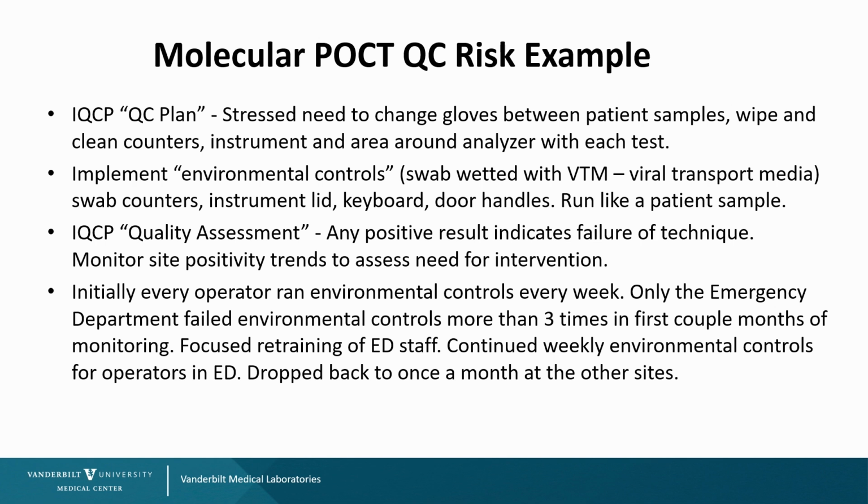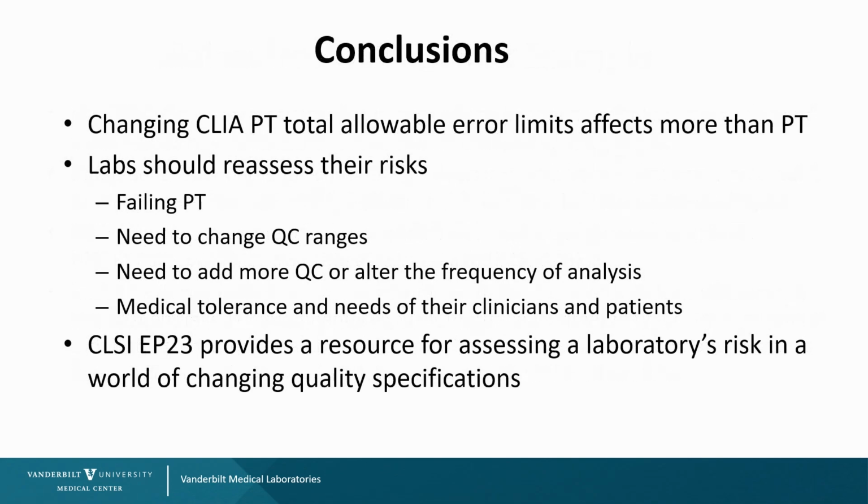So think about the change in your total allowable error. Think about how that's going to impact your proficiency testing, and monitor the frequency of your failures to think about, do I need to put additional controls, additional frequency of my controls into effect? So in conclusion, the changing CLIA PT total allowable error limits are going to affect your PT performance.